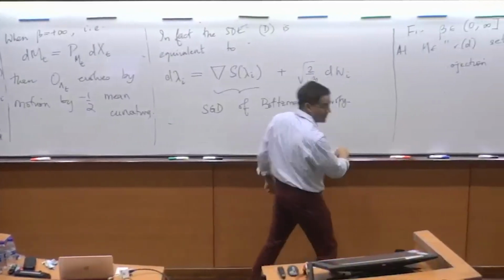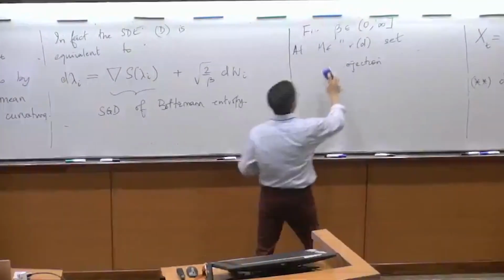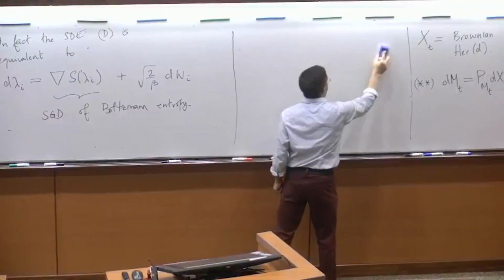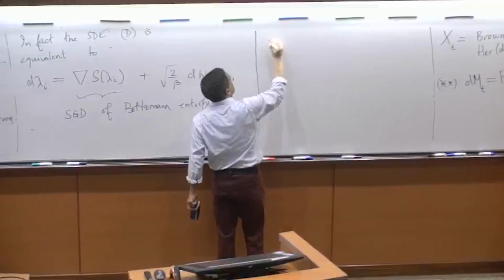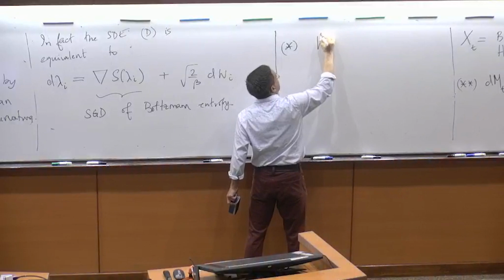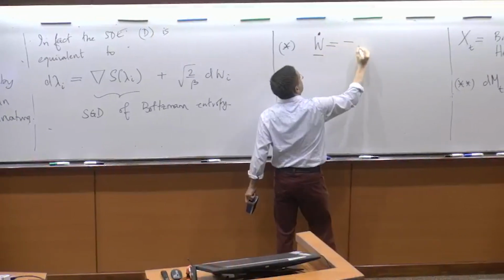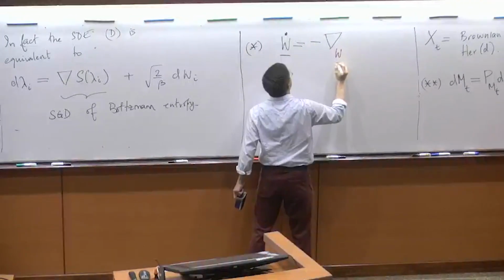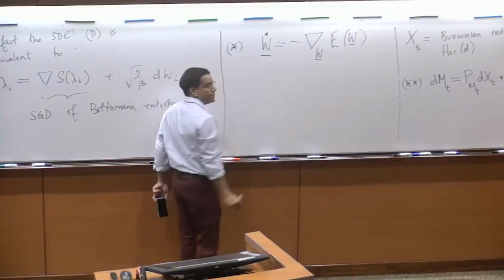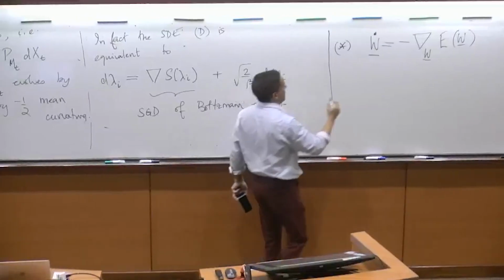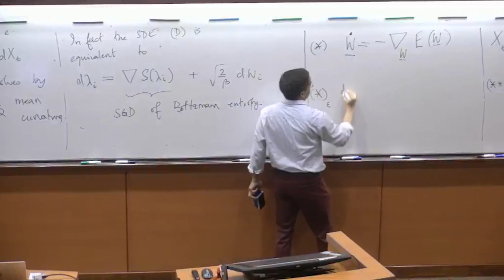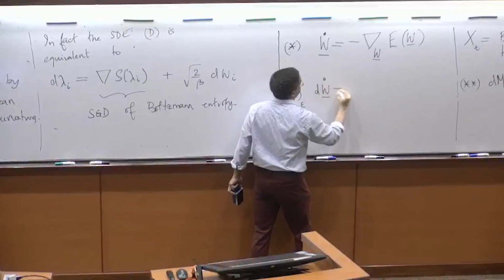So let me write it out, because that's where I really want to go with this. In some sense, what I'm doing is changing my model. Our first model was W dot is equal to minus grad_W e(W). And what I'm doing is replacing this with this dynamics.